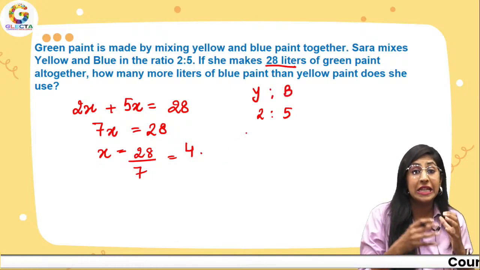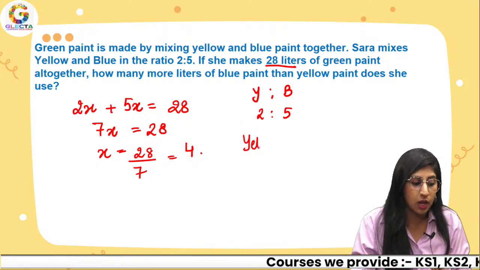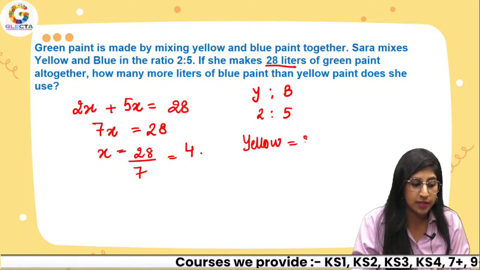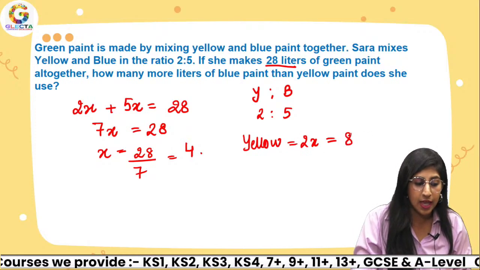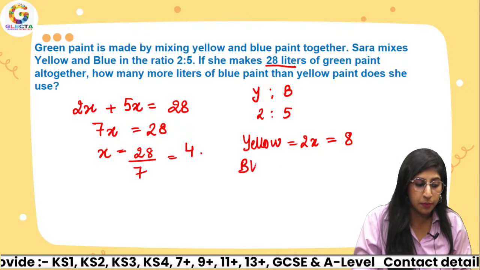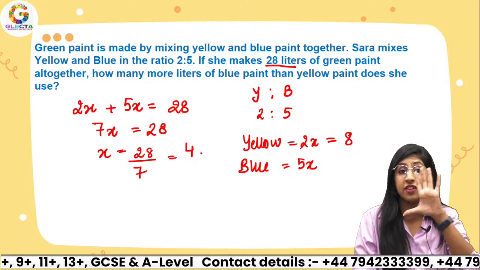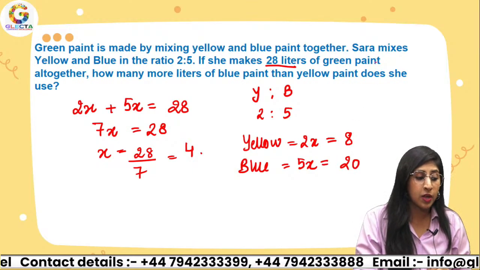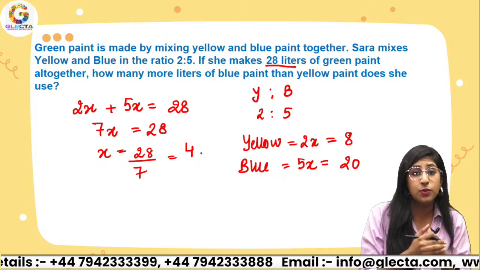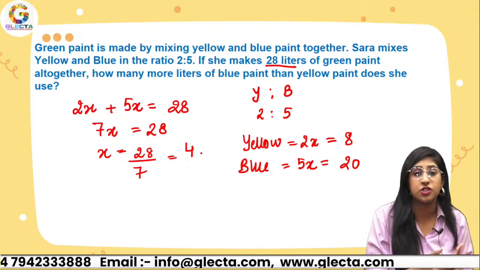So how many liters of yellow paint are we taking? For yellow we are taking 2x, which means 2 times 4, which is 8. And for blue I'm taking 5 parts, right? 5x. So that means 5 times 4, 20. My question says, how many more liters of blue paint than yellow paint does she use?